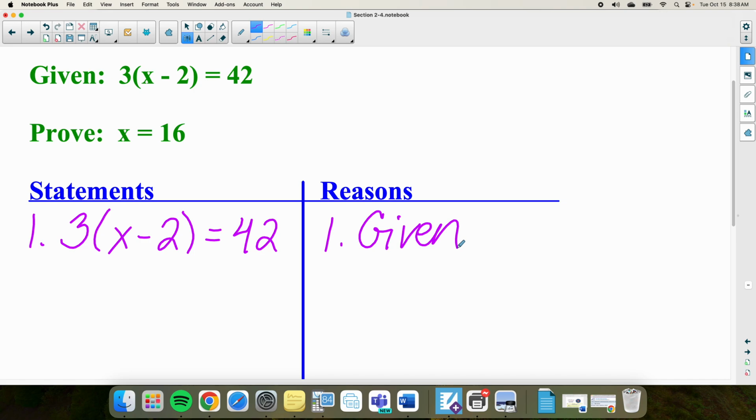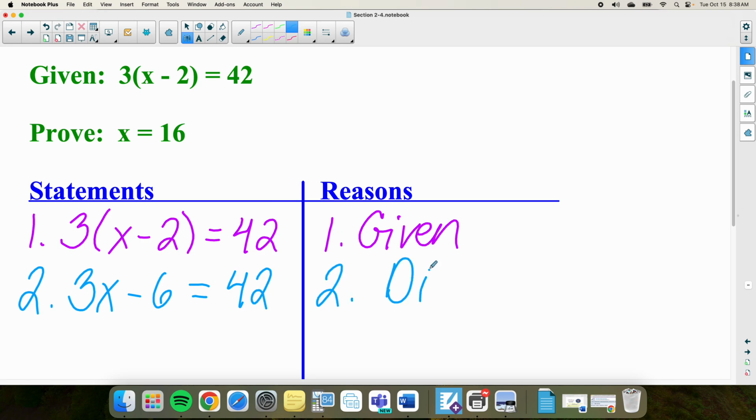Now, for step 2, what do you guys think we would do? Distribute, very good. And again, try not to show any work when you do this. You could do it off on the side if you wanted to show some work. But it's gonna be 3x minus 6 equals 42. And then like you guys said, it's distributive prop.